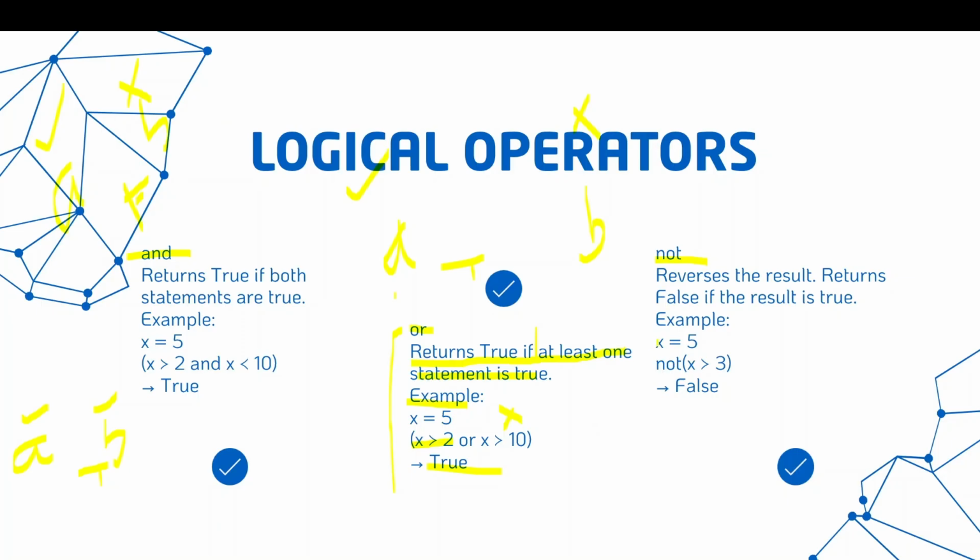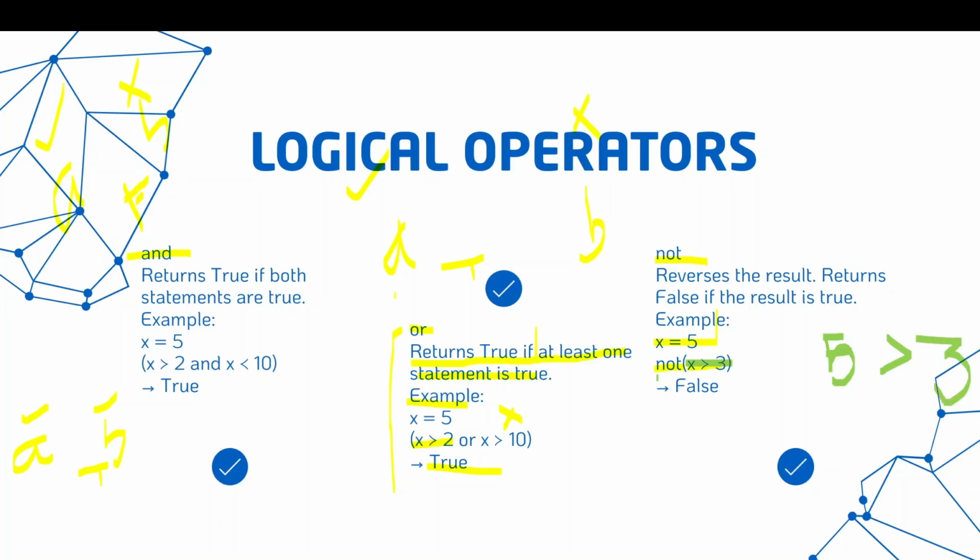As you can see here, example: x is equal to 5. We are using the not operator, and we are saying not x is greater than 3. As we know very well, for only this highlighted part we are going to get true, because 5 is greater than 3, which is yes, which is right.